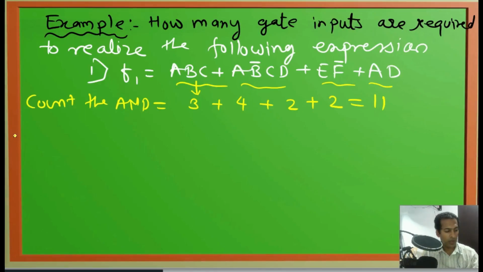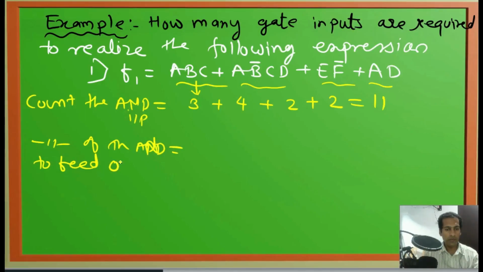Then we count the AND gates feeding these AND inputs, that is, the count of AND gates required to feed the OR. There are 3 ORs.